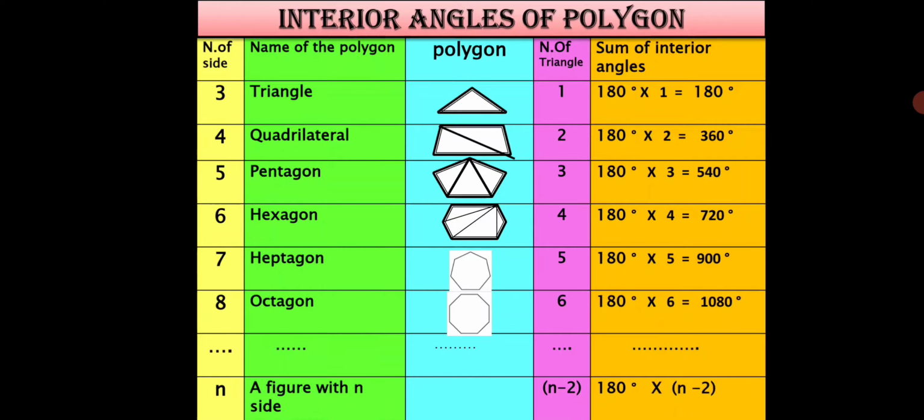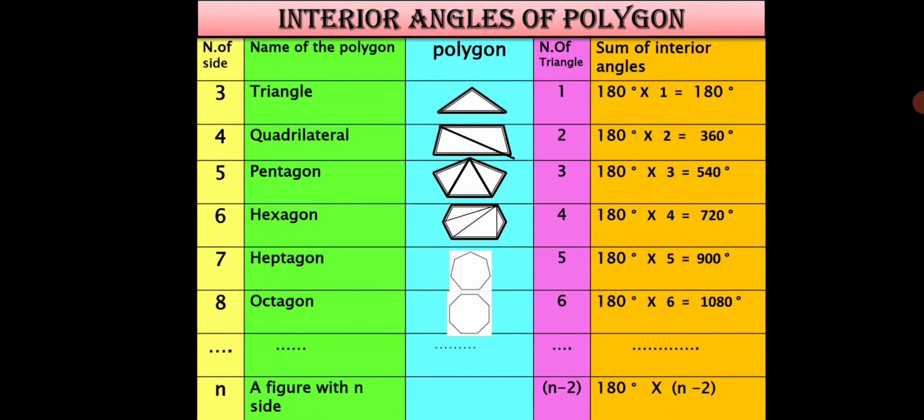For this concept students, observe the table given below and draw your calculations. Here are a total of 5 columns. In column number 1, the number of sides of the polygons is given. In column number 2, the name of the polygon is given. In column number 3, the figure of the polygon is drawn.